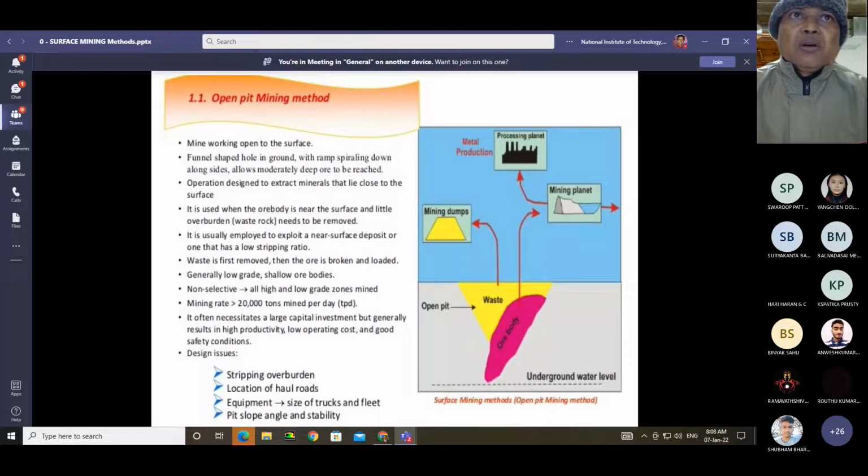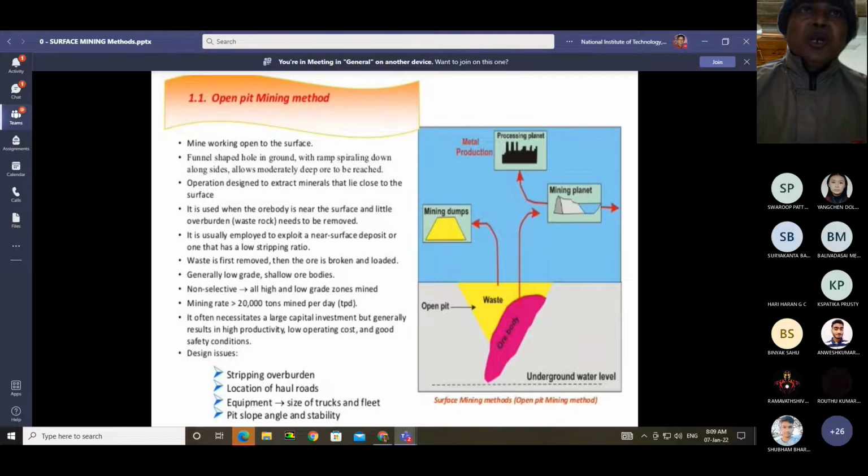So these are the advantages of your surface mining methods. That is why throughout the world, the surface mining method is adopted. You get more production at a low operating cost and good safety conditions. That is why this method is widely used.